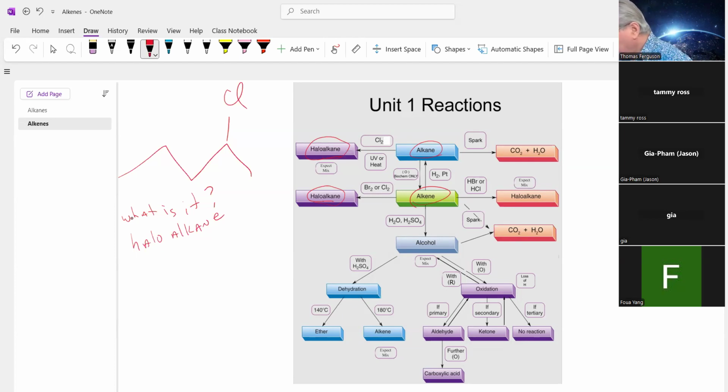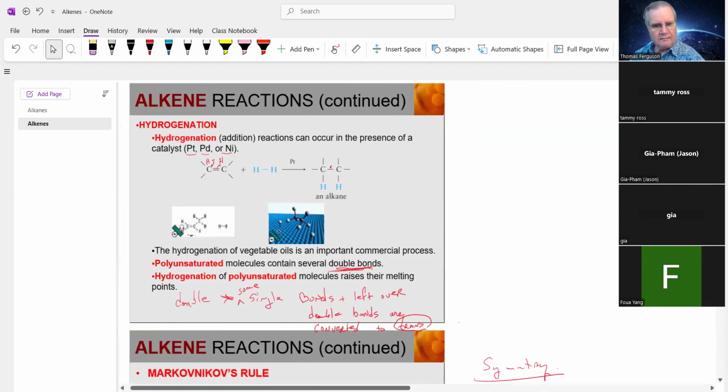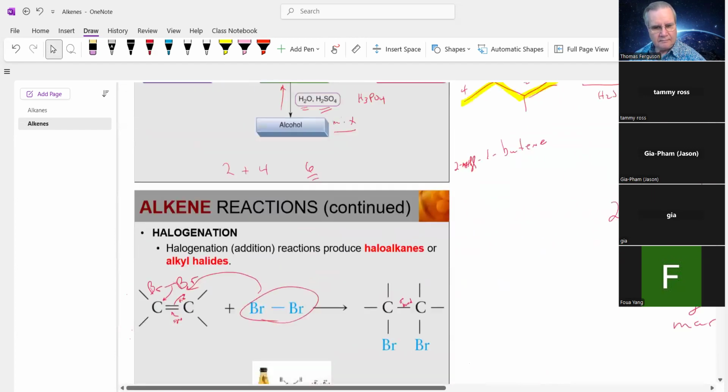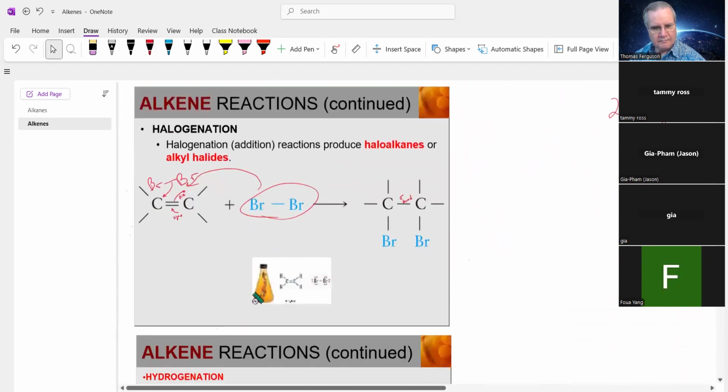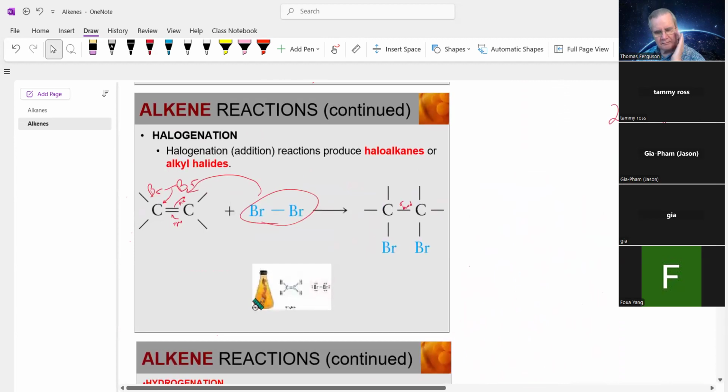Okay, so let's look at this guy now. Let's just go the alkene route since we're doing alkenes right now. There's two ways to do this on alkenes.